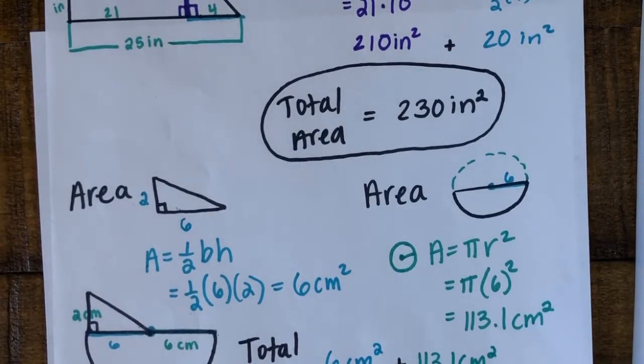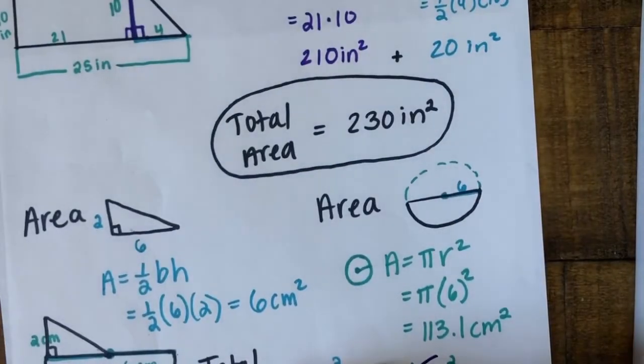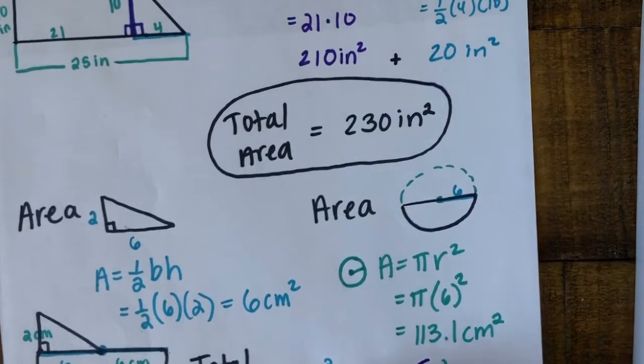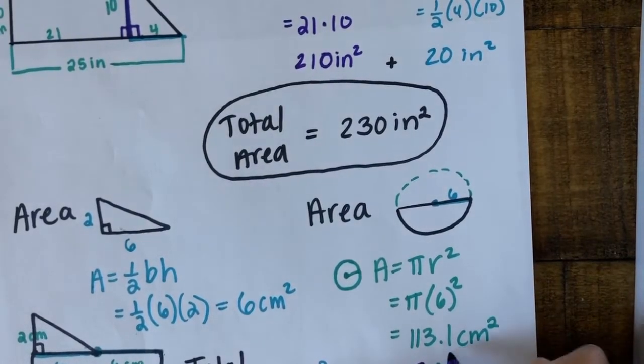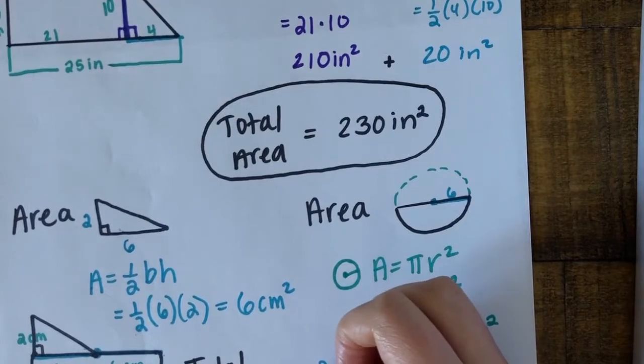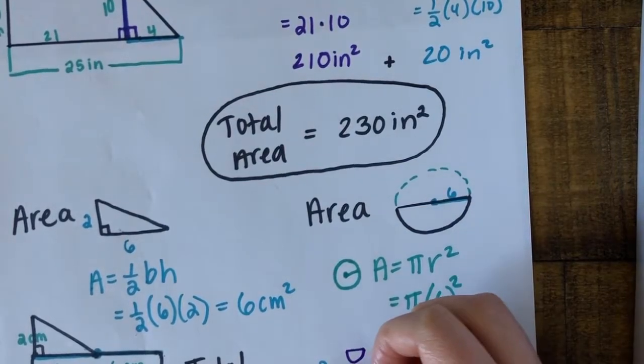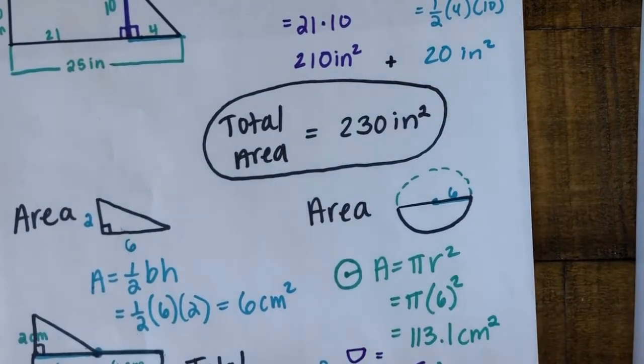Oh, I made a mistake. That would be the area for a full circle. Oh no! If I want to find the area for a half circle, I need to cut the area of the full circle in half. So my half circle, oh geez, is going to be 113.1 divided by 2.